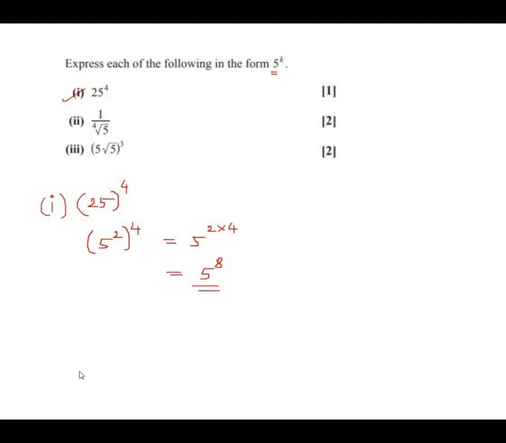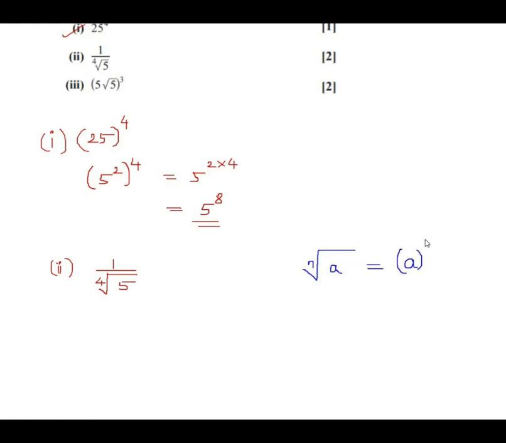Let us look at the second one. 1 over the 4th root of 5. In the laws of indices, the nth root of a could be written as a fractional power.